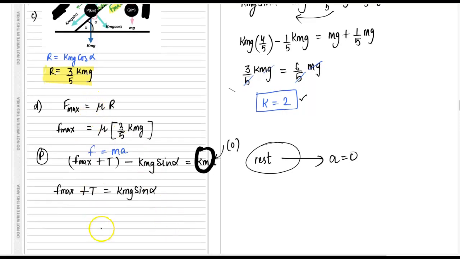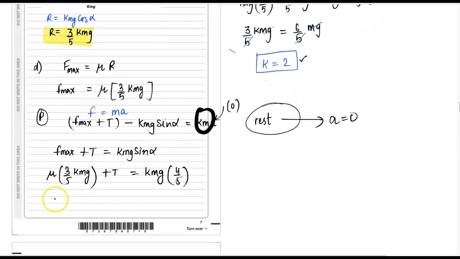Okay. Now F max is mu R, so let's substitute the value of mu R there. So mu times 3/5 of KMG plus T equals KMG sine alpha, which was 4/5. I'm just substituting.